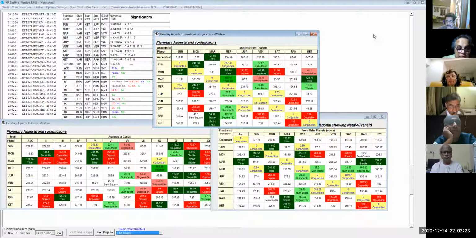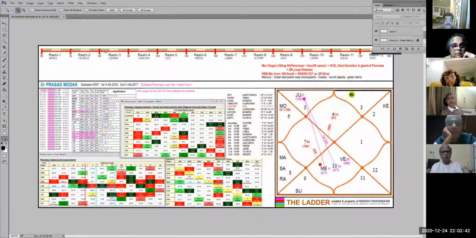Because you need space over here to put the degree thing. Okay. So now once this is done, I will take a screenshot of this. And I will then go to Photoshop. So I think I'll have to stop this share and I'll have to start the Photoshop thing for you.